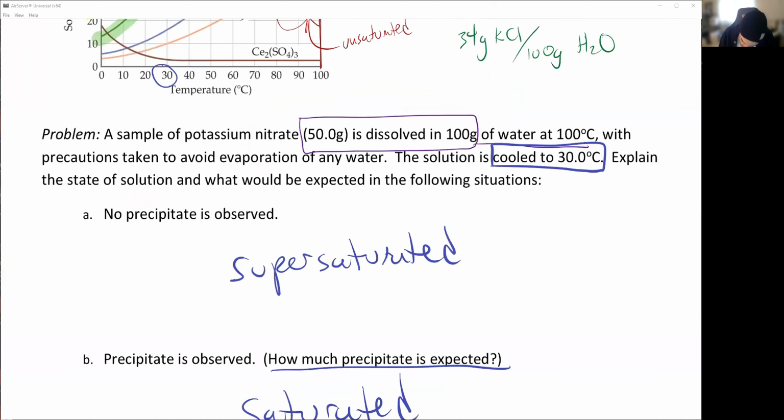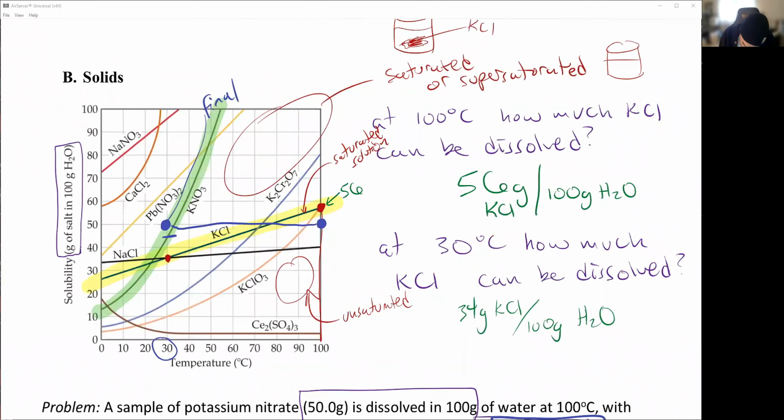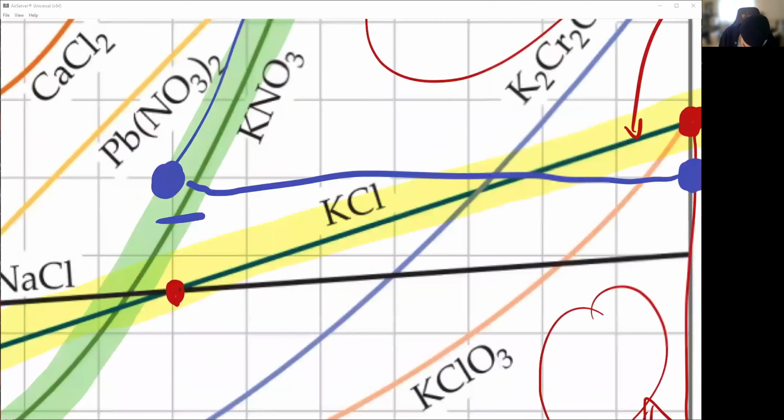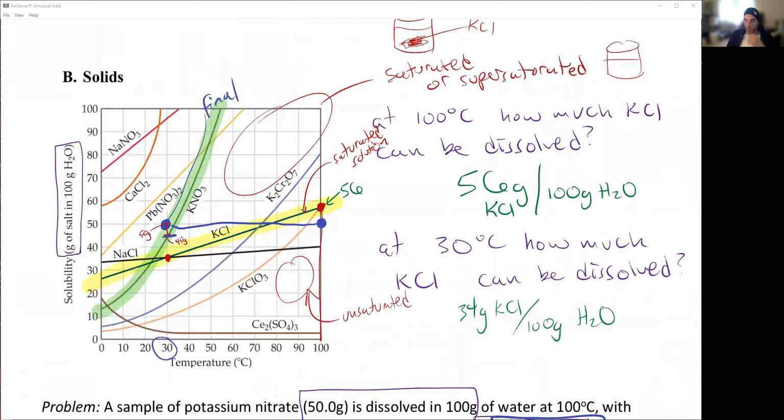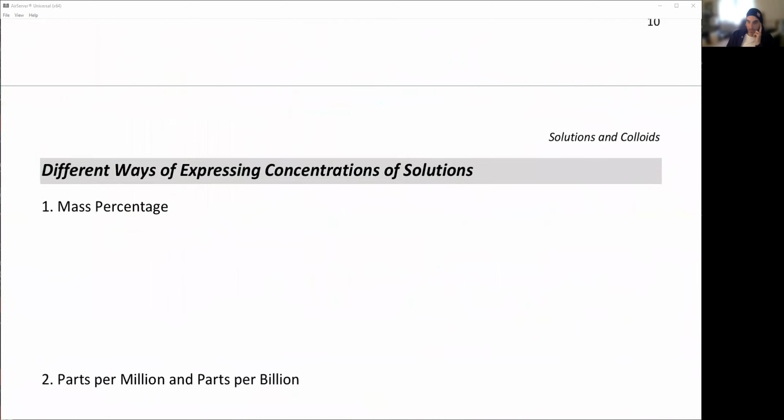Again, that is because if we look at it, it has 50 and it can only hold 45, meaning that delta right there is going to be what precipitates out of the solution. Okay, that makes sense. Hopefully you know how to read that.